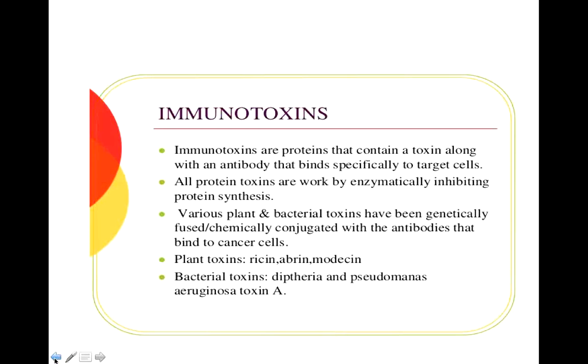Next time we will talk about how the screening of hybridomas is carried out, that is antibody secreting hybridomas, which once obtained must be screened for desired antigenic specificity. Depending upon the method, it can be a radioimmunoassay method or an ELISA, enzyme-linked immunosorbent assay, method. Thank you, students.